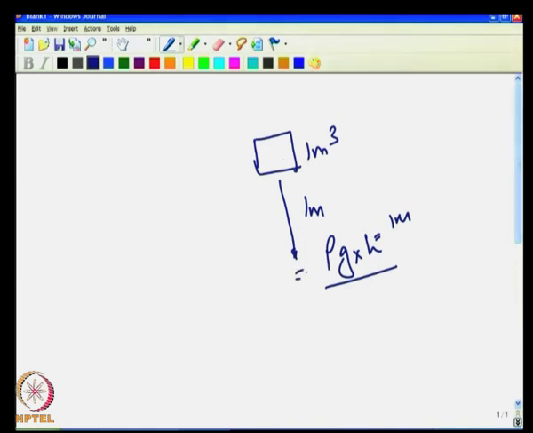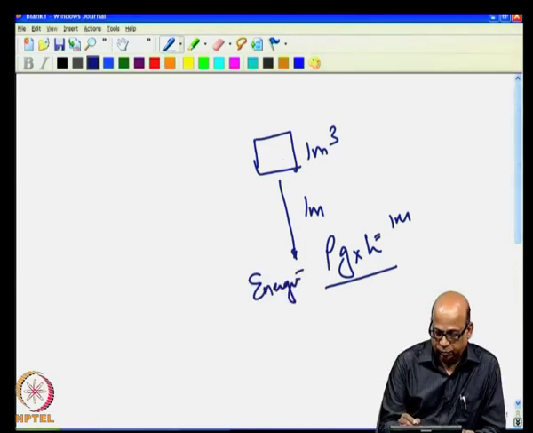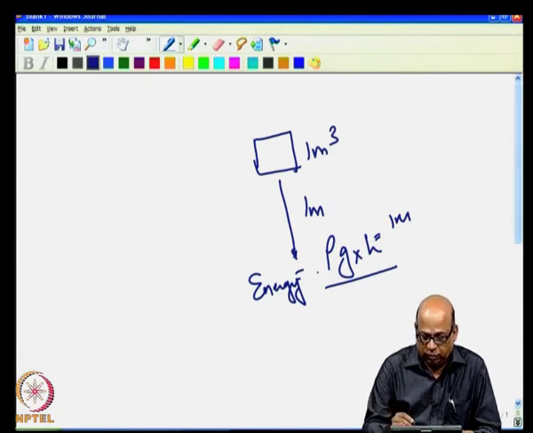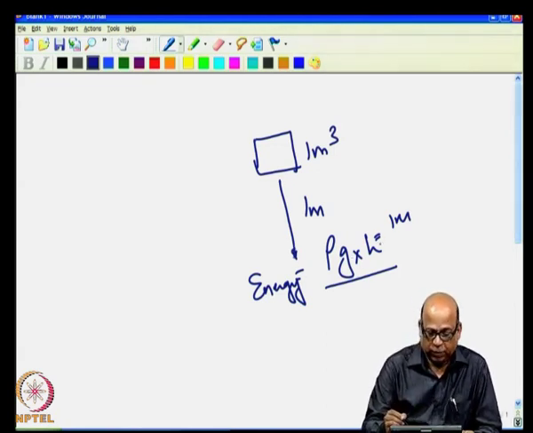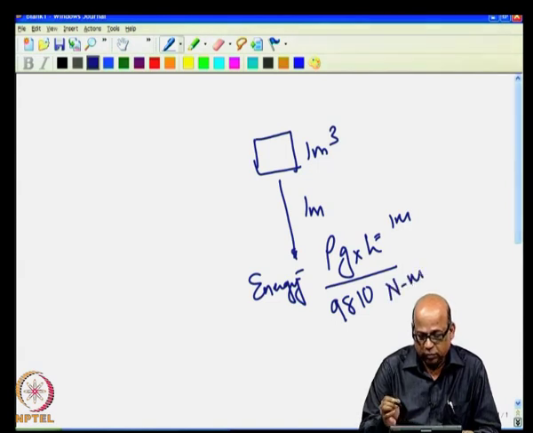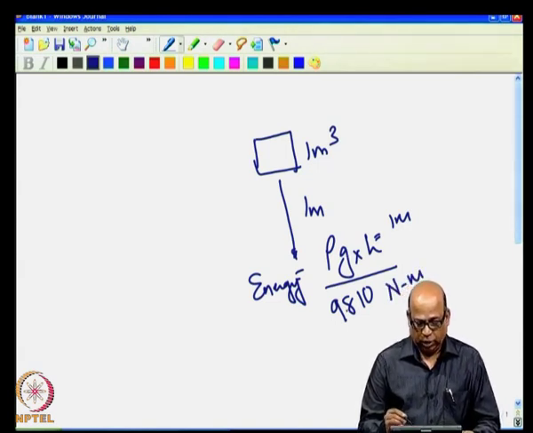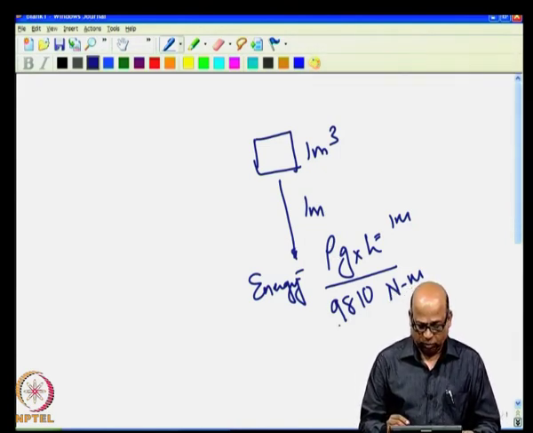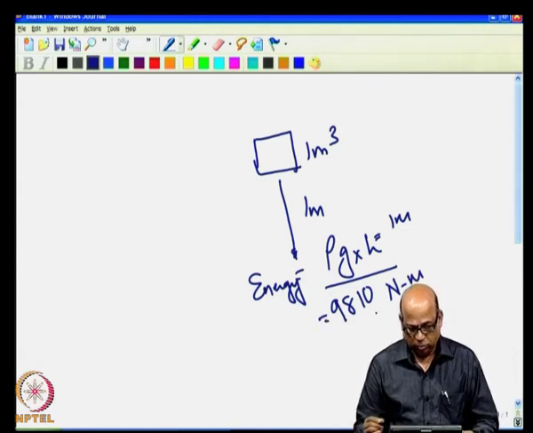So, it has an energy of rho g h, and h is in this particular case 1 meter. G is 9.8 and rho is 1000 kg per meter cube, and therefore you get an energy of 9810 Newton meters.